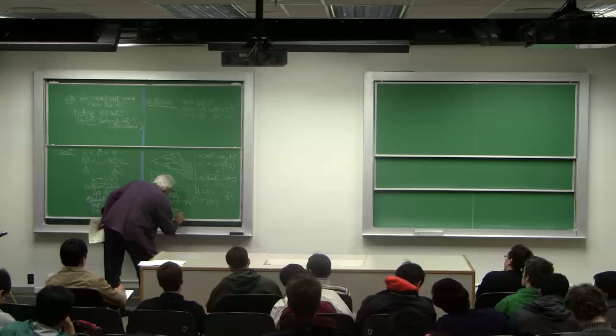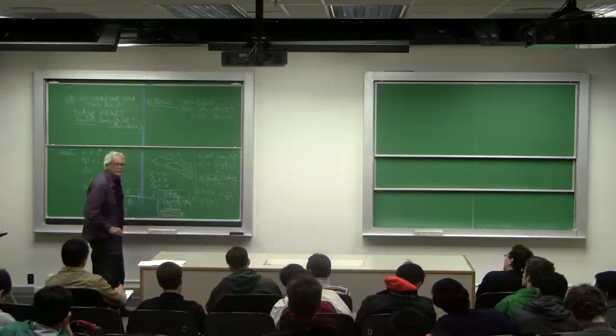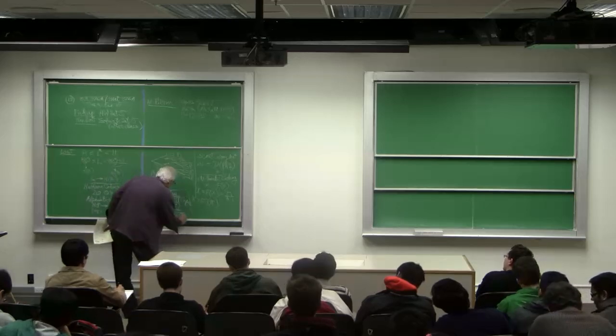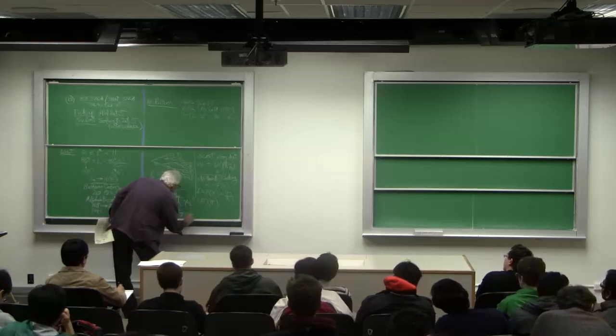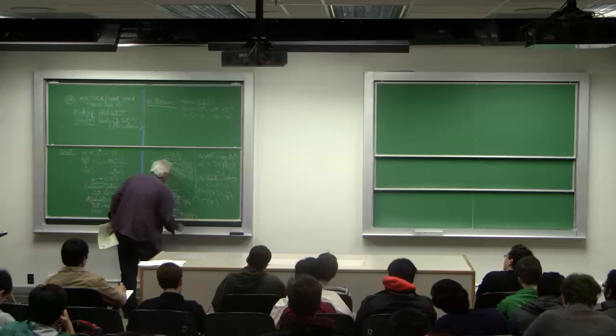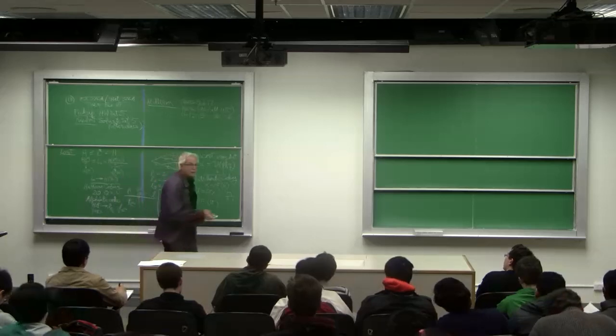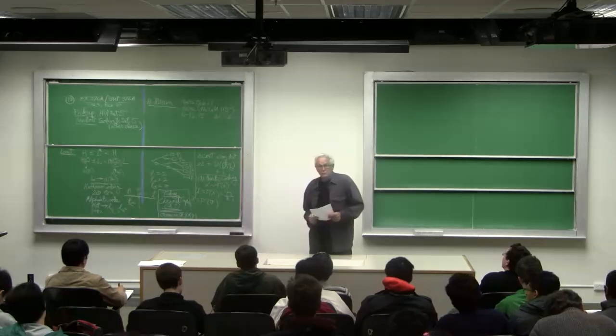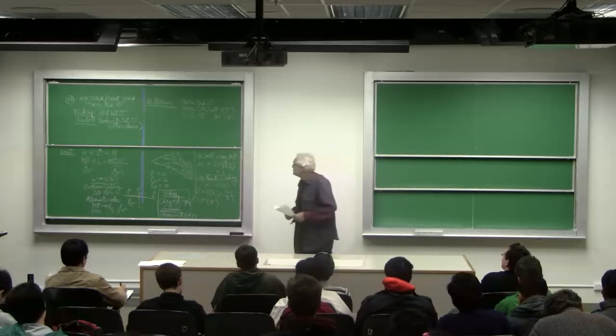Channel capacity, the most famous result in the theory. And that's chapter 9. Chapter 8, some maximum entropy, will do that in the beginning of next quarter.